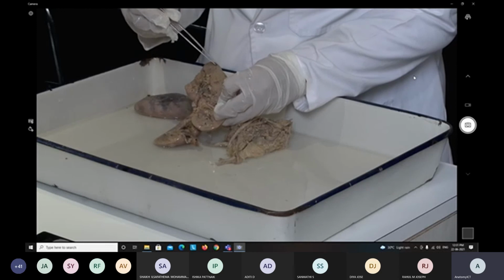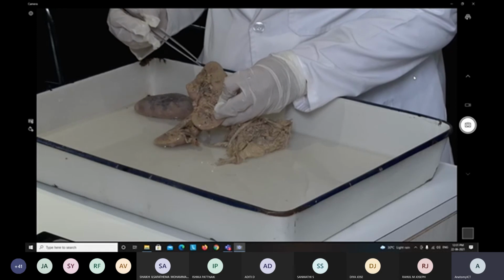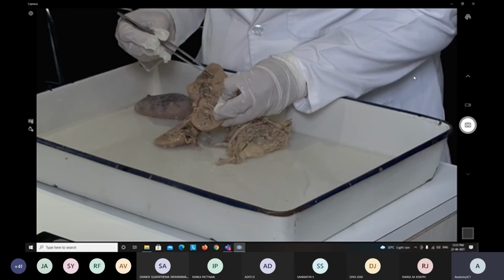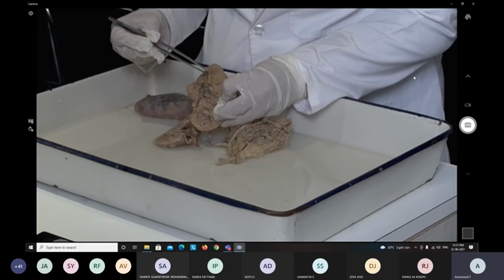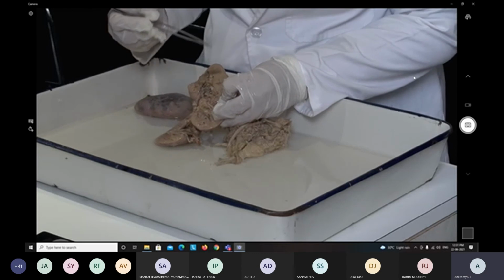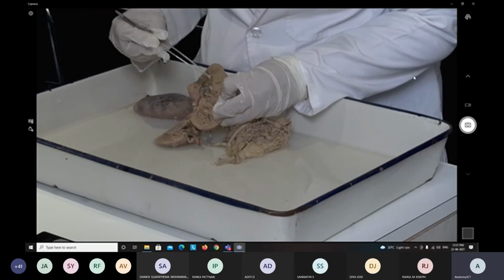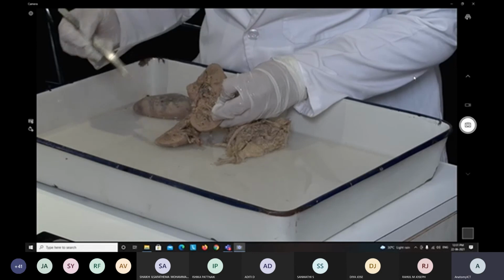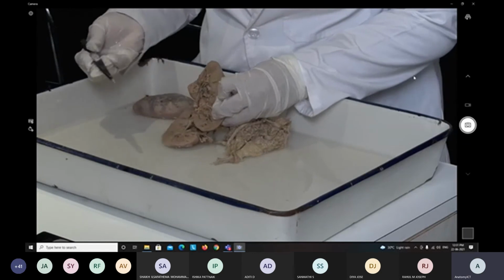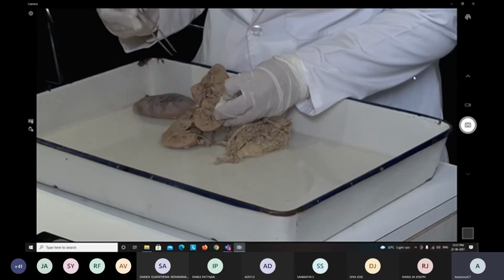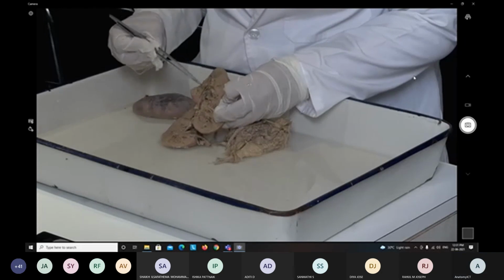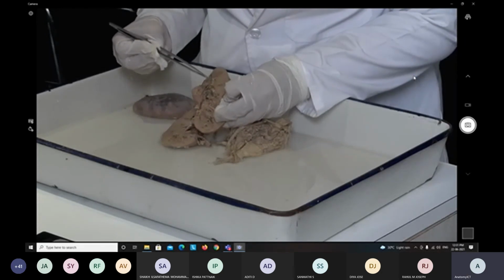Here you can see the outer cortex and medulla. Medulla is made up of pyramids. This is not that good a section. You will see other specimens given during revision. The outer cortex and the inner medulla.